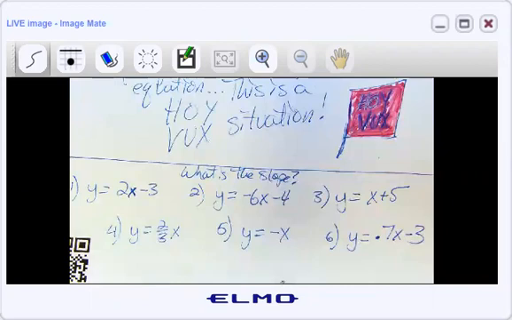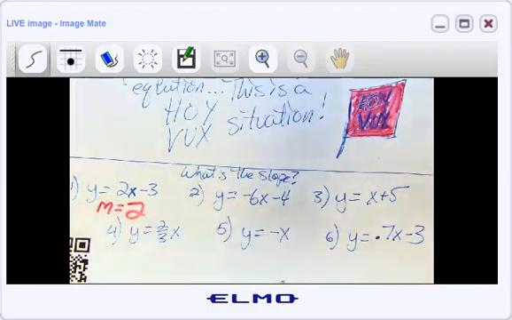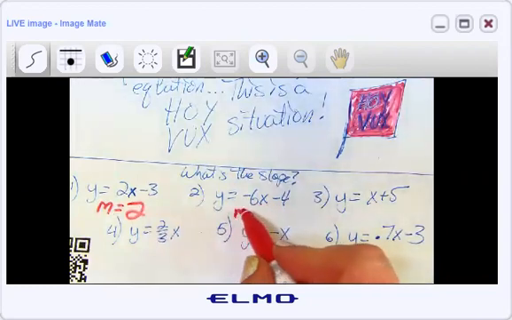Let me grab my popsicle sticks here. So number 1, what would the slope of that thing be, Katrin? 2, yeah, it's just the number in front of the x. Easy peasy lemon squeezy. Kaya, number 2, what would the slope be? 6.